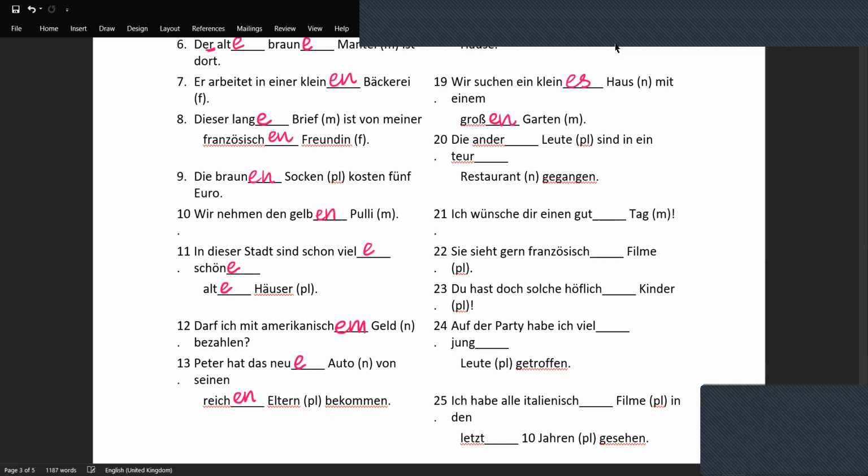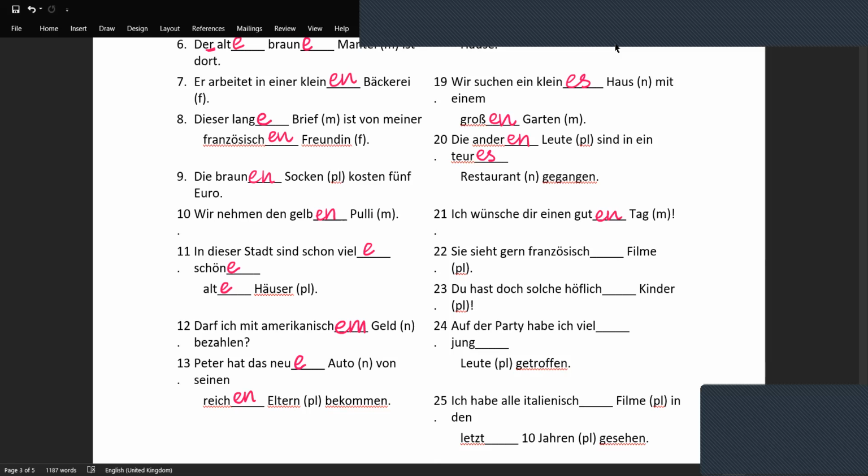Die anderen Leute sind in einem teuren Restaurant. Restaurant is neutral. I thought it is masculine. Ich wünsche dir einen guten Tag. That is correct.